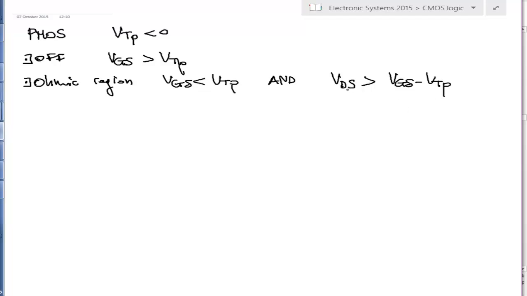Okay, when I say by definition, I mean that in a MOSFET, you know that the drain and the source are identical terminals from the physical point of view. In the case of NMOSFET, we call drain the terminal at a higher voltage. In the case of PMOSFET, we call drain the terminal at a lower voltage.